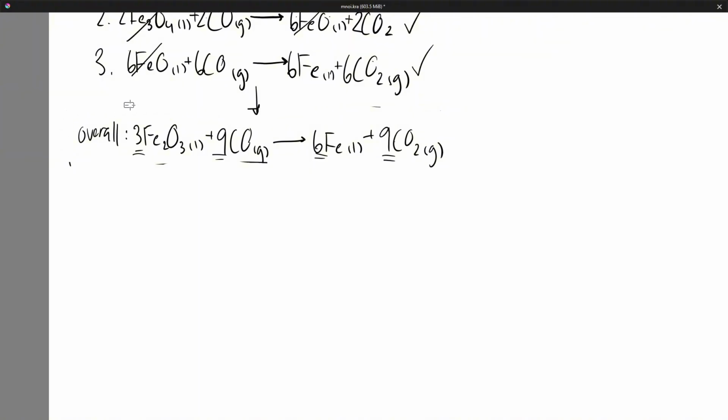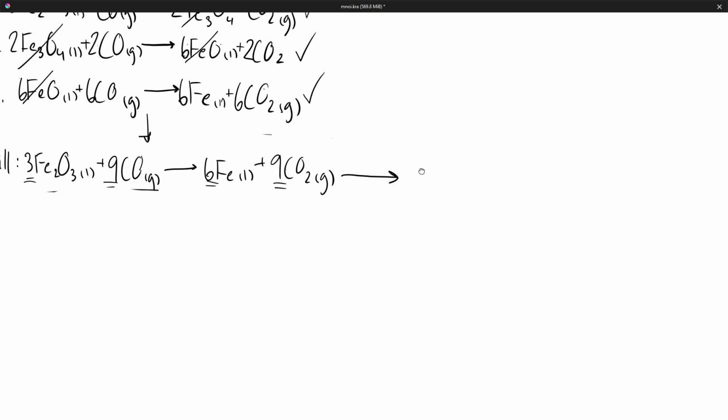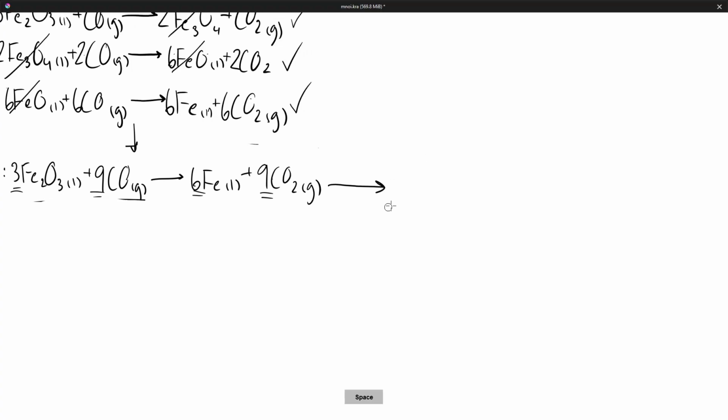So you just want to simplify it even more. So I'll just draw it over here. Just divide all the coefficients by 3, since that's what you can do with these coefficients. You can simplify them and still retain the same balanced chemical equation, you know.